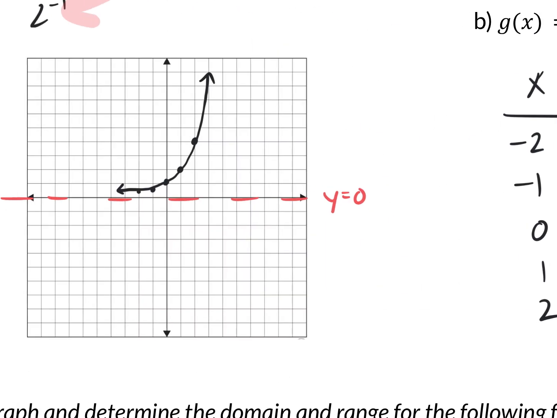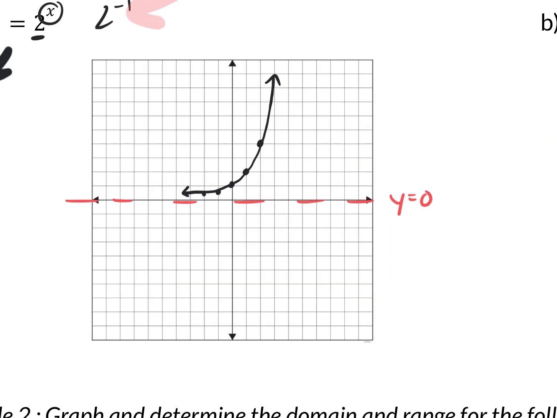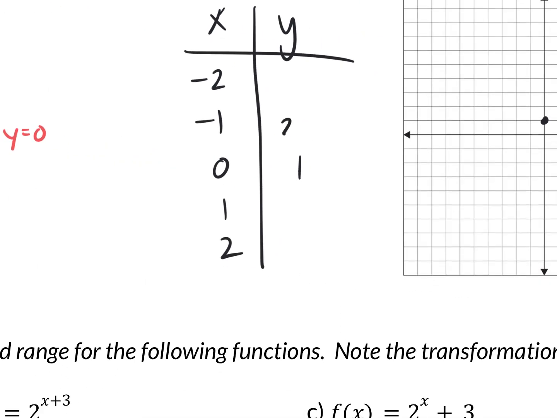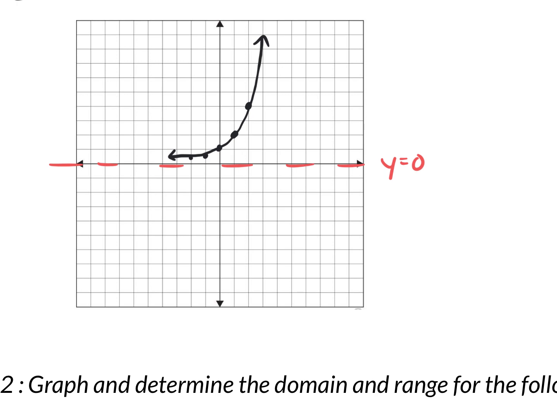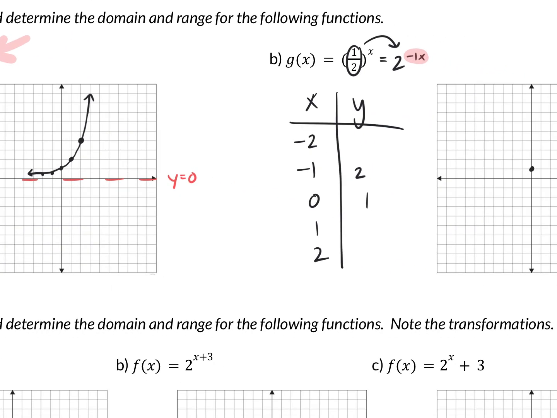What about at the point 1? At 1, we were at 2. So if I flip it over, at -1 it would also be at 2, right? And then if I look at +2, we are at 4. So at -2, I would also be at 4.